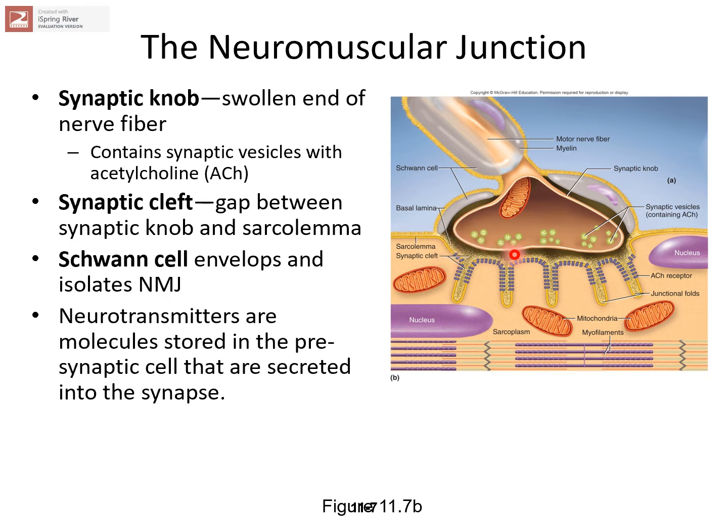There's a slight gap in between the two, about 20 nanometers in width, and this is called the synaptic cleft. So the synaptic cleft is the gap between the synaptic knob and the sarcolemma, which is the plasma membrane of the muscle cell.